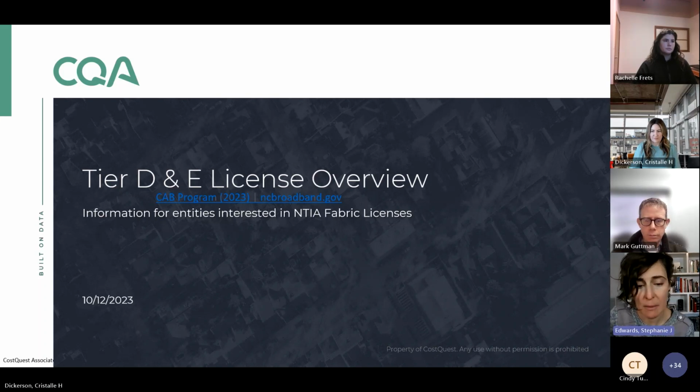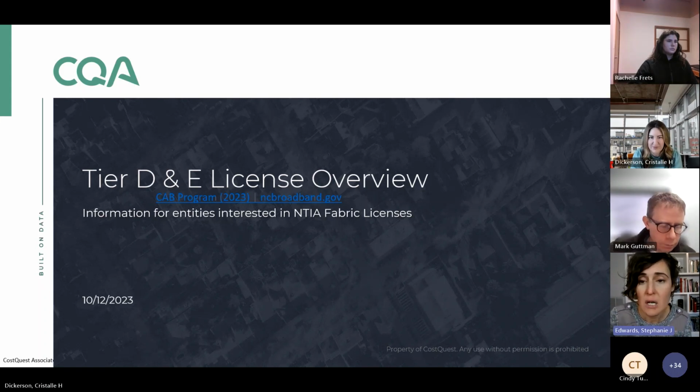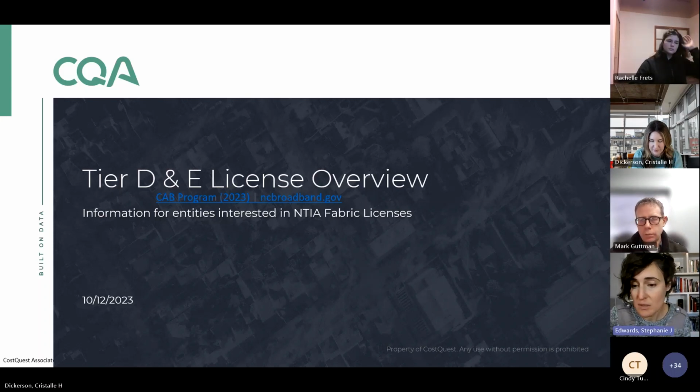I've posted some notes about this in the chat because we've had some technical difficulties with displaying this information for you. But you will be utilizing the broadband serviceable location fabric, which is licensed through CostQuest, for some of the upfront protest process that takes place in the CAB program, which is ARPA funded, administered through U.S. Treasury.